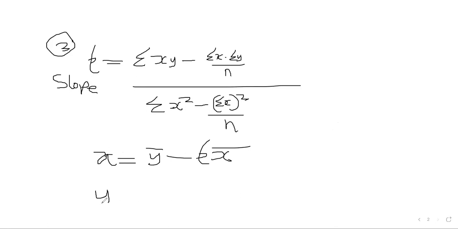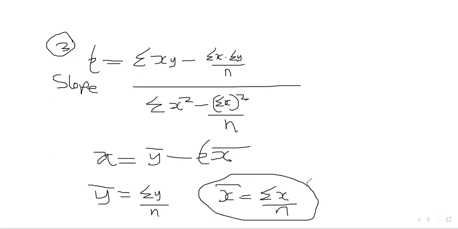We know that our Y bar is equal to the summation of Y over N, and our X bar is equal to the summation of X over N. So this is the way we identify the alpha, for as long as we know that our regression line is equal to alpha plus BX.